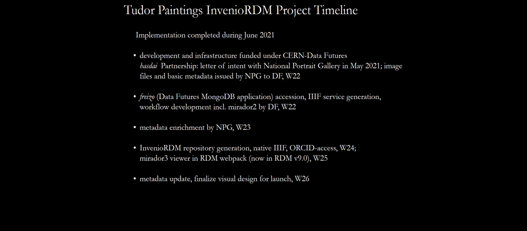Then the week after, we were able to automatically generate an InvenioRDM repository and a different IIIF service native to the repository instance, which in the short term also had ORCID access. You couldn't get in unless you gave it an ORCID, and your ORCID was on a whitelist. This was pretty much completed by the end of June.